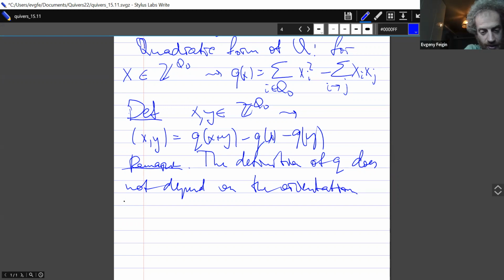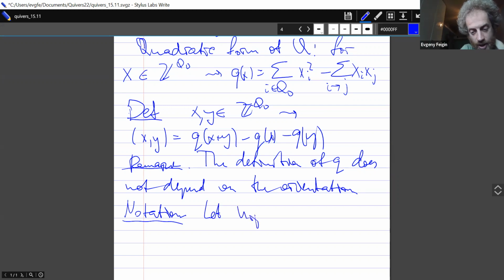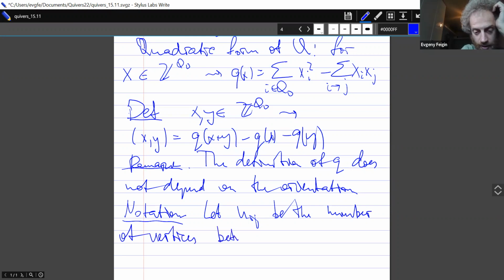So let us define notation. Let n_ij be the number of arrows between vertices i and j.